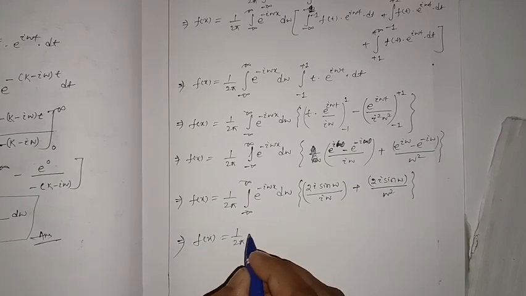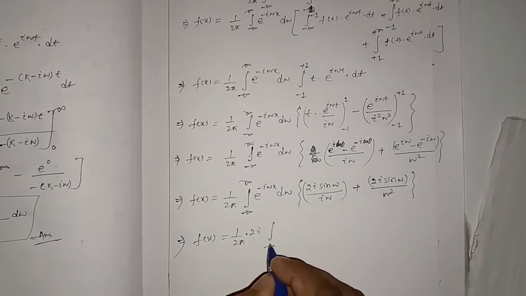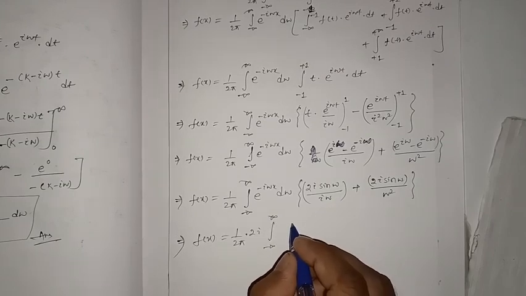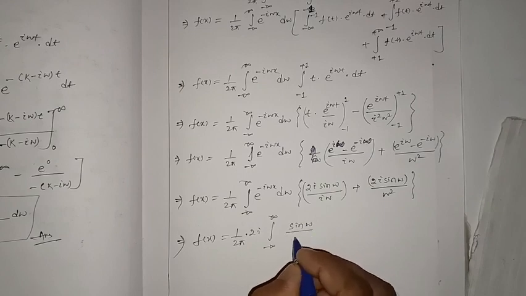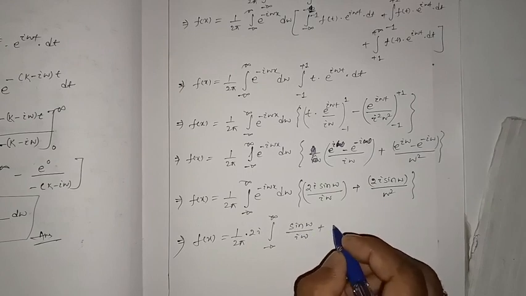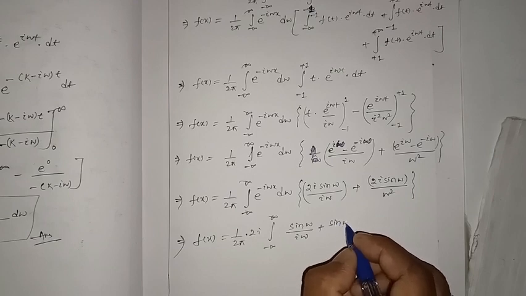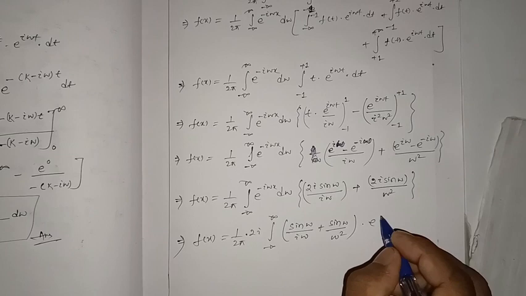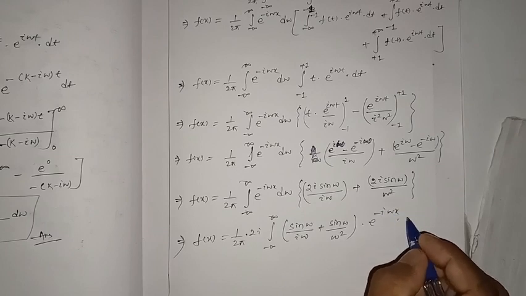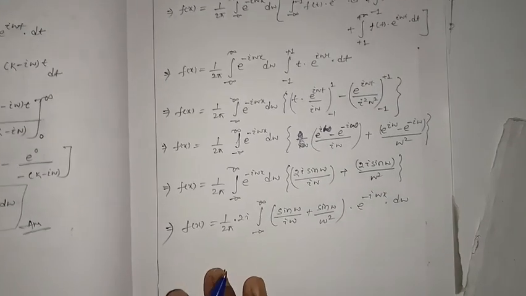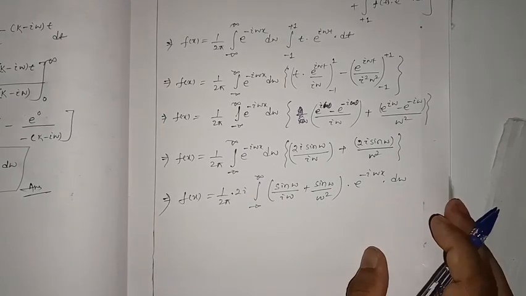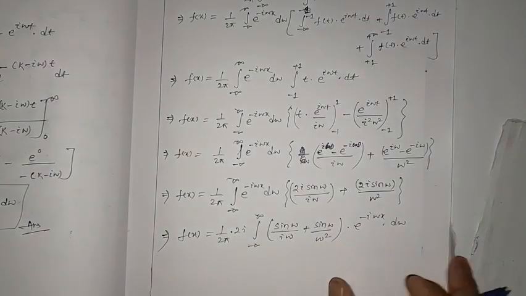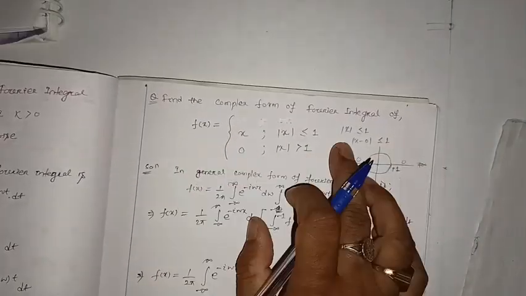So this will be 2i, integral from minus infinity to plus infinity, and we found this will be sine omega by I omega plus sine omega by omega square, whole into e to the power minus I omega x into d omega. So finally we found this one is the answer, the complex form of Fourier integral of this function.